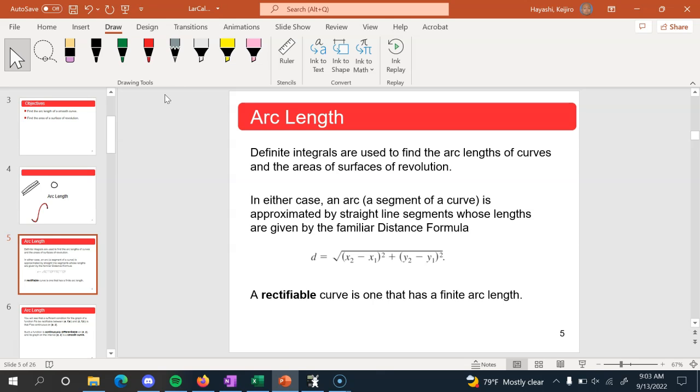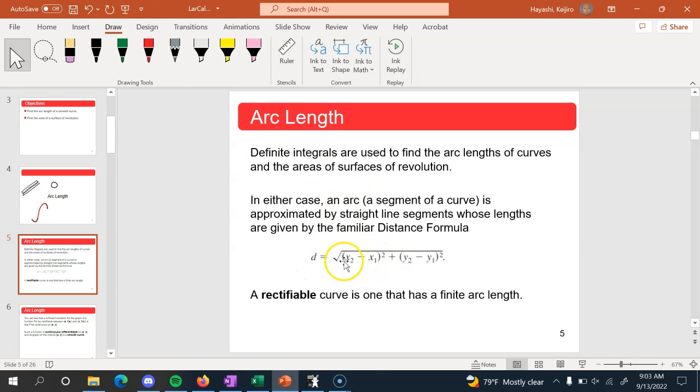So we've been using definite integrals to find volume. We can also use them to find arc lengths and areas of surfaces that come from revolving something. You don't actually have to write down this distance formula, but you might remember it.